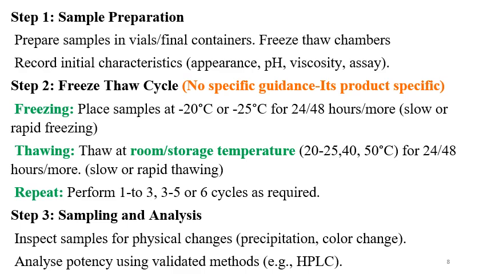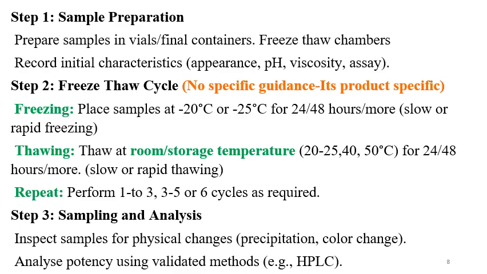Freezing involves keeping the samples at minus 20 degree, minus 25 degree or minus 80 degree or 2 to 8 degree for 24 to 48 hours or more based on the product. Freezing may be done as slow freezing or rapid freezing. Thawing means thaw at room temperature or slowly thaw at different temperatures like 20 degree, 25 degree, 40 degree or 50 degree.